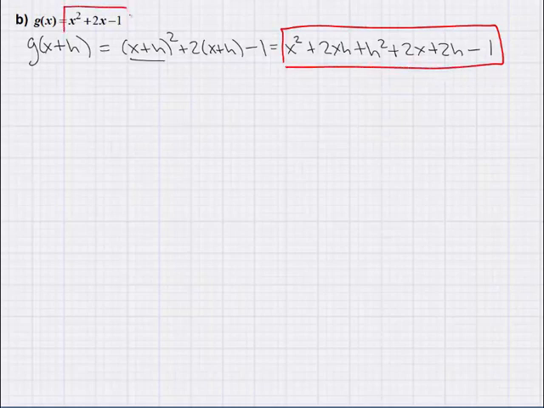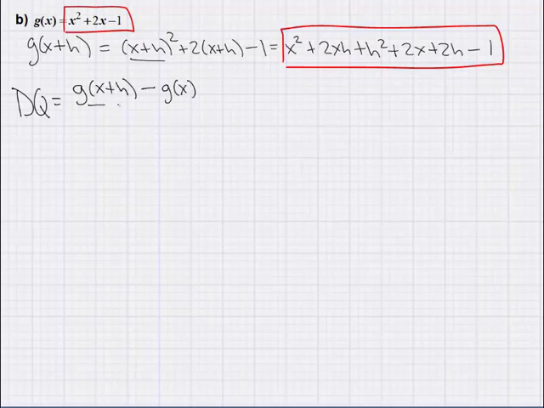This is g of x. So what I need to do is to find the difference quotient. I need to find g of x plus h minus g of x all over h. So I'm going to take this and I'm going to put it here. I'm going to take this and I'm going to put it here.